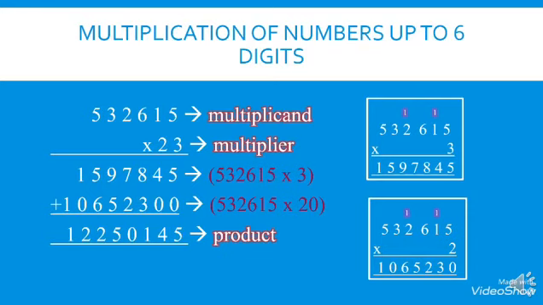We will write 0, 1 will be carry. 2 1s are 2 plus 1, we will write 3. 2 6s are 12. We write 2, 1 will be carry. 2 2s are 4 plus 1 will be 5. 2 3s are 6 and 2 5s are 10.